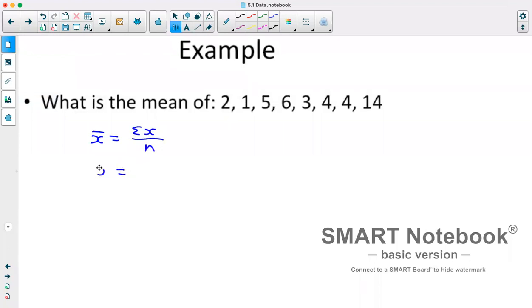So we have our mean is equal to 2 plus 1 plus 5 plus 6 plus 3 plus 4 plus 4 plus 14. And we had 1, 2, 3, 4, 5, 6, 7, 8 terms. So now we'll calculate that.